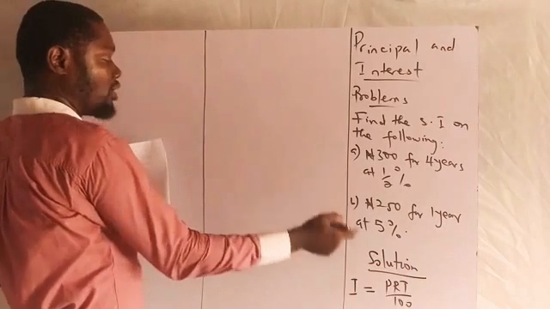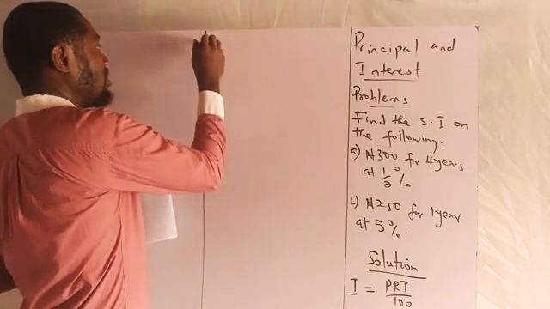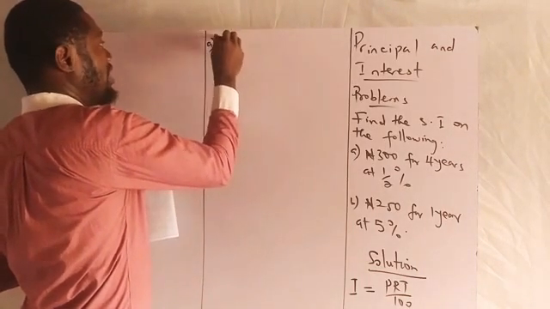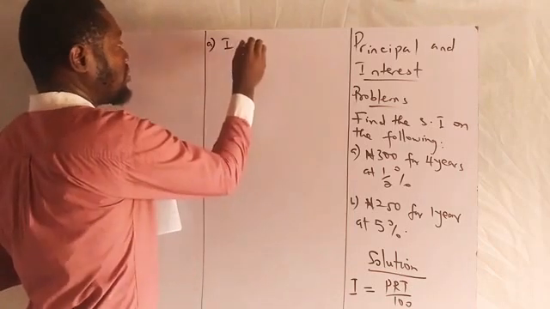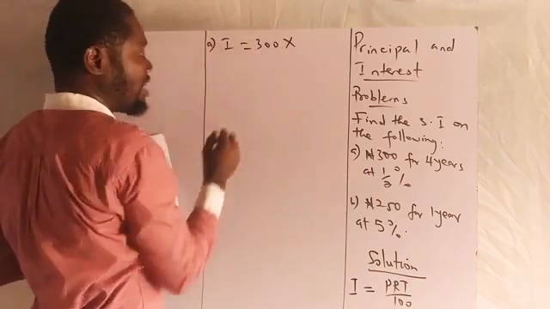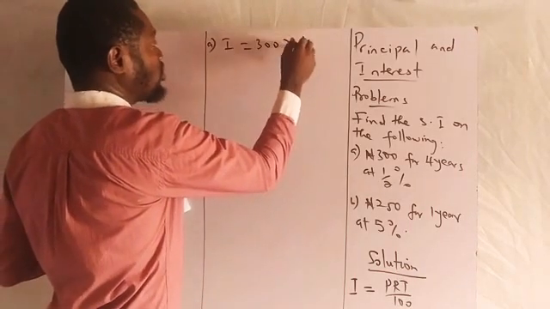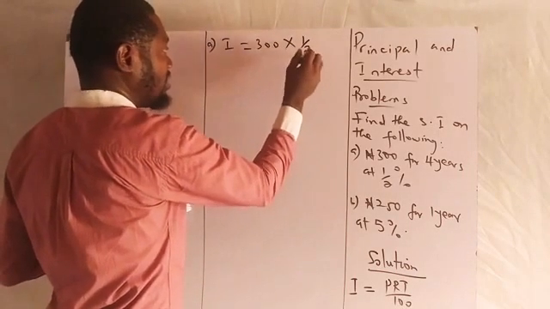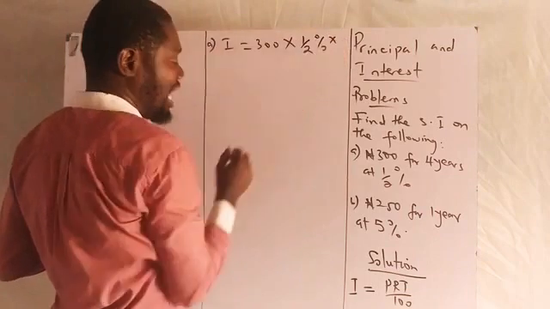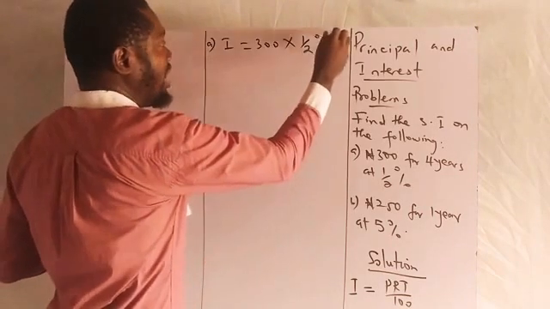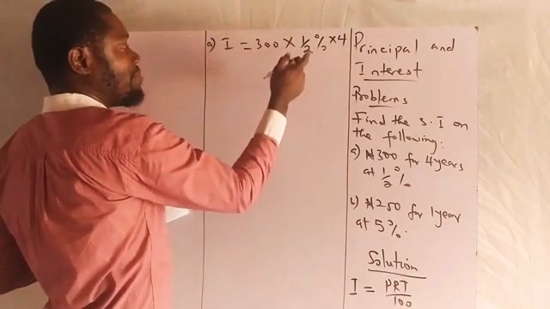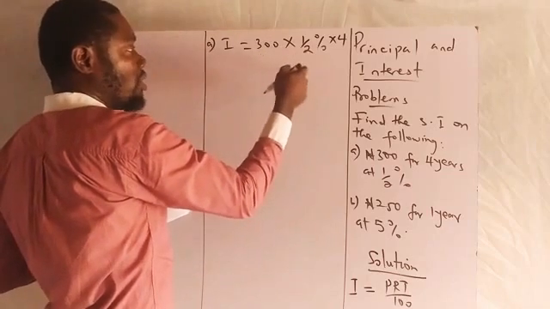So I will substitute that in the formula. My interest will simply be 300 naira times rate, which is 1/2%, times 4 years. And 1/2% means 1/2 over 100.